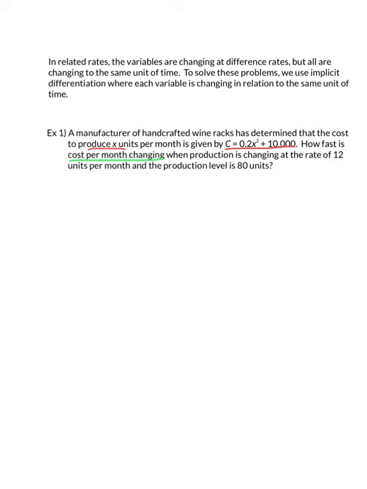That's asking us for the rate of change of cost per time. So the way that we write that is dC, the name of cost, meaning we're doing the derivative of C, over dt, where t stands for time. That's our question.